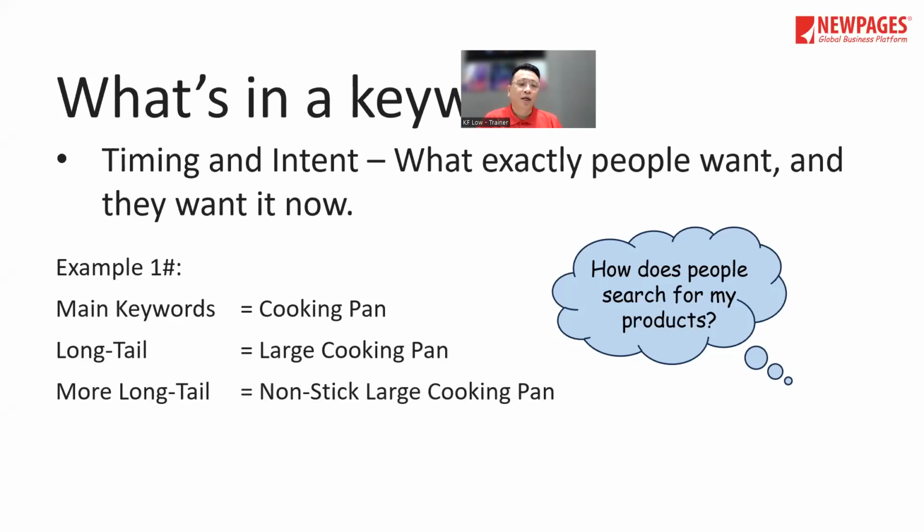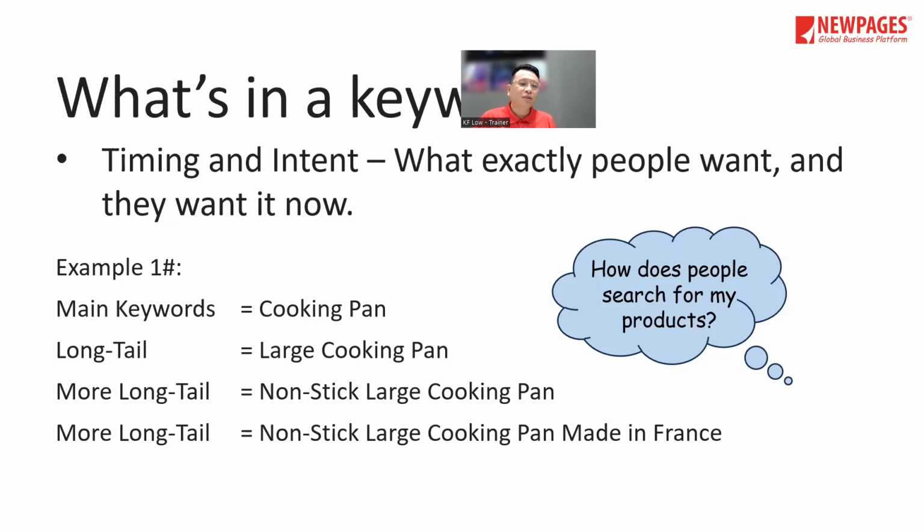But as of now, maybe you can add more keywords, something like non-stick large cooking pan. A lot of people may be searching for that, so is there any other way I can add to the keyword so people can find my products?